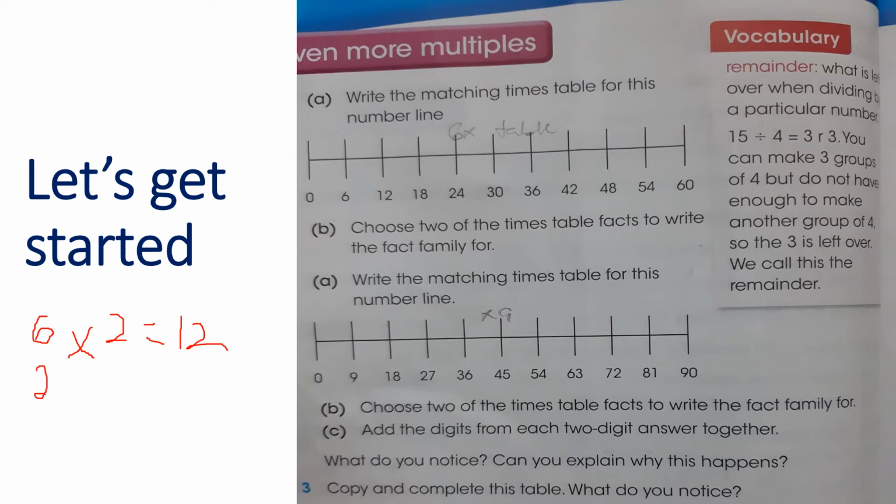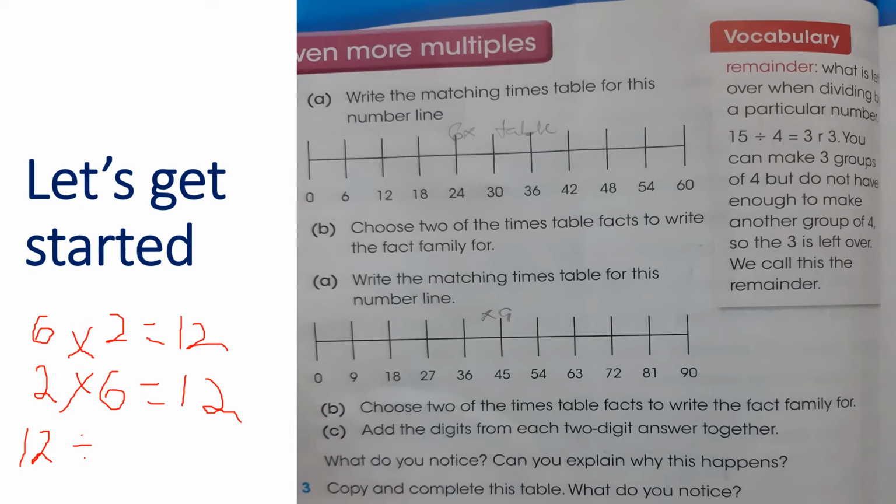2 multiplied by 6 equals 12. What will be the next one? The next thing is to write it backward. 12 divided by 2.